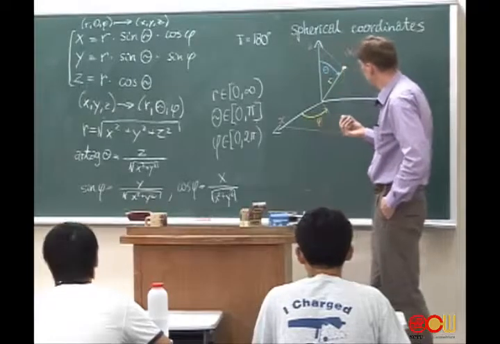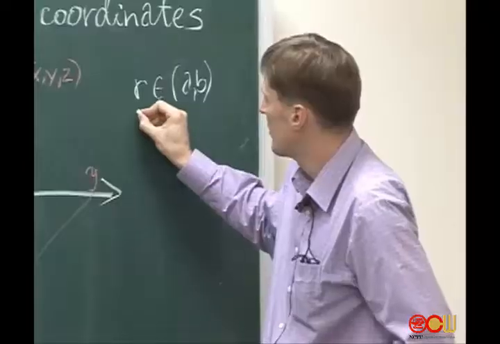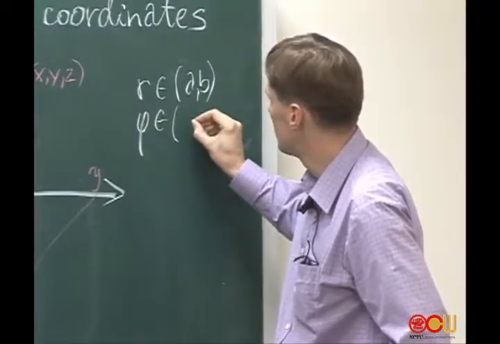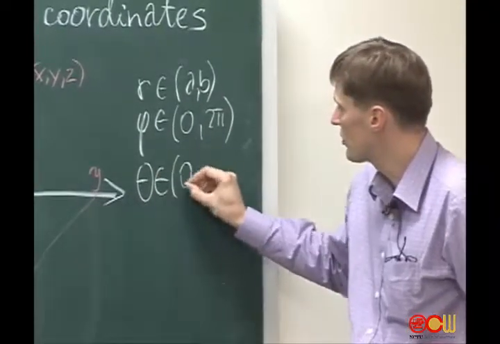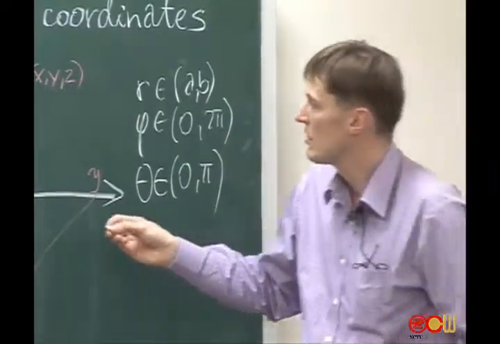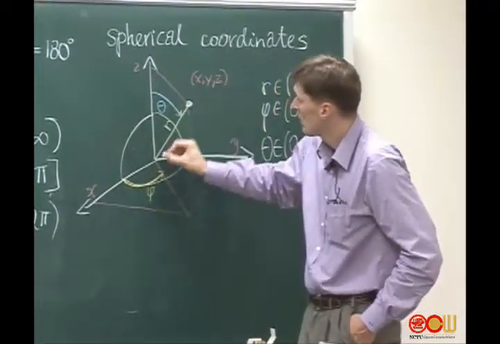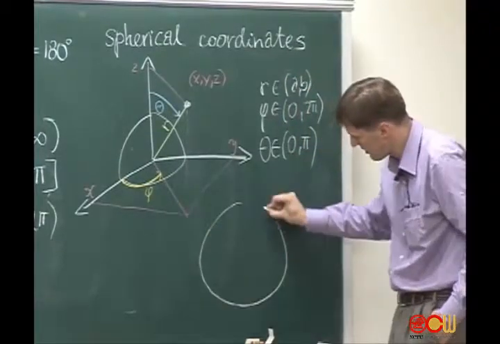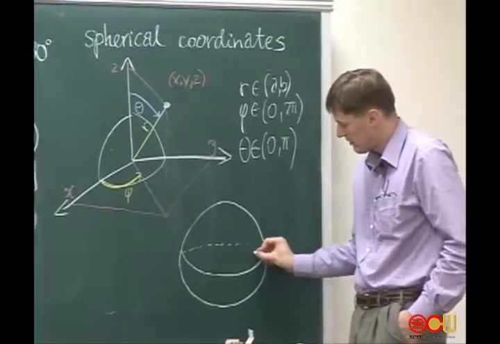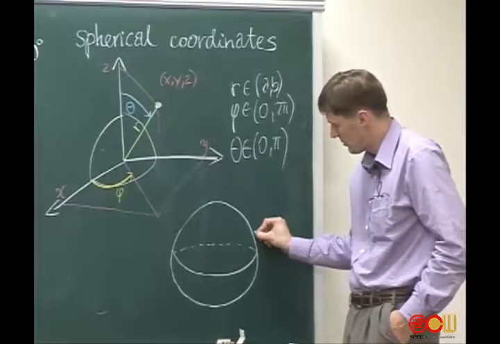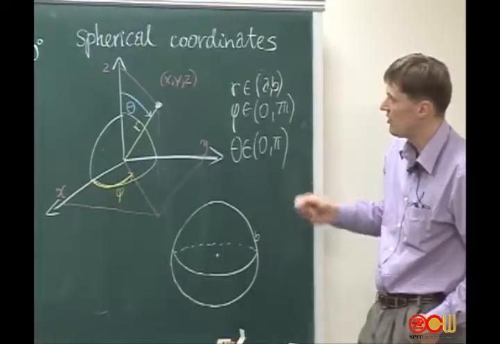You can clearly see that if I take r belonging to A and B, phi belonging to 0 to 2 pi, and theta belonging to 0 to pi, if I take these angles, then if you plot it outside of this picture, it gives me a ball like that, that has radius B from 0. So this one has nice spherical symmetry.